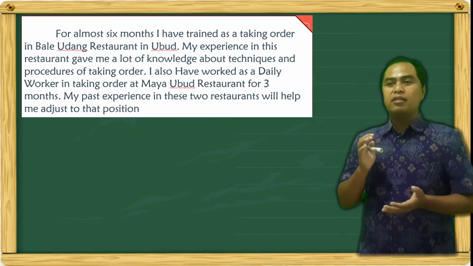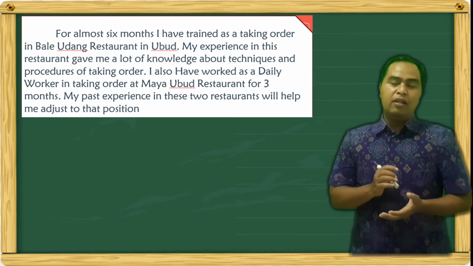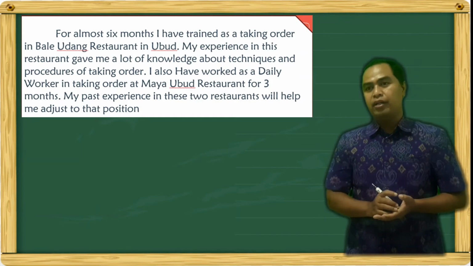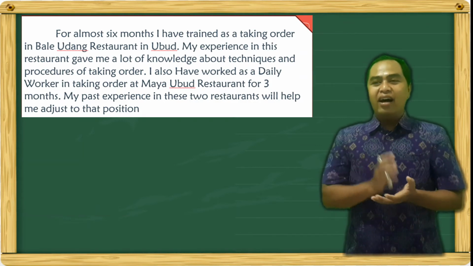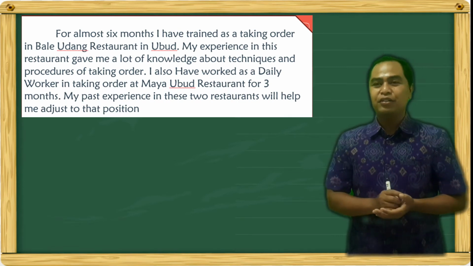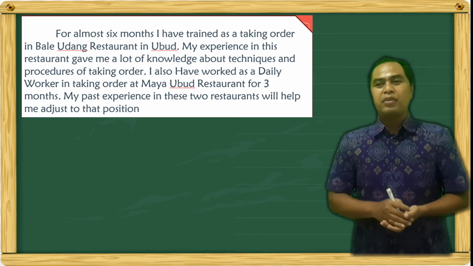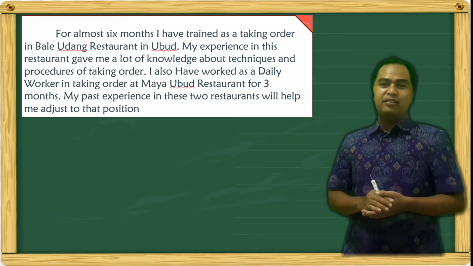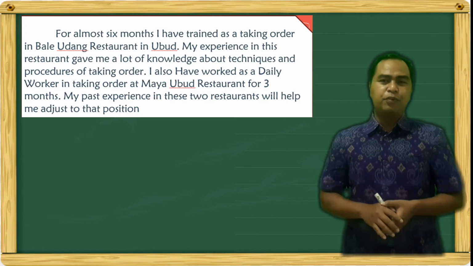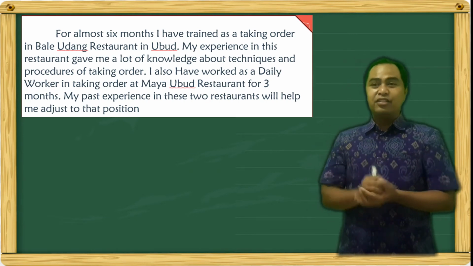My experience in this restaurant gave me a lot of knowledge about the technique and procedure of order taking. I also have worked as a daily worker at Maya Hotel restaurant in Ubud for 3 months. My past experience in this restaurant will help me adjust to this position. That's the third paragraph.